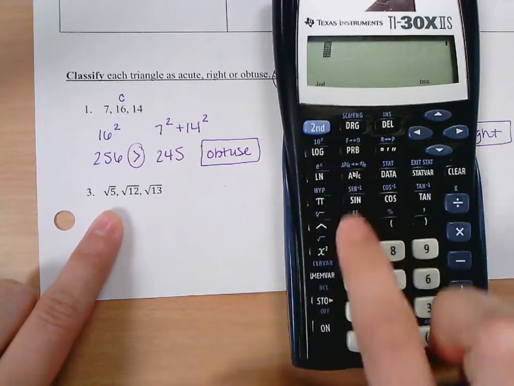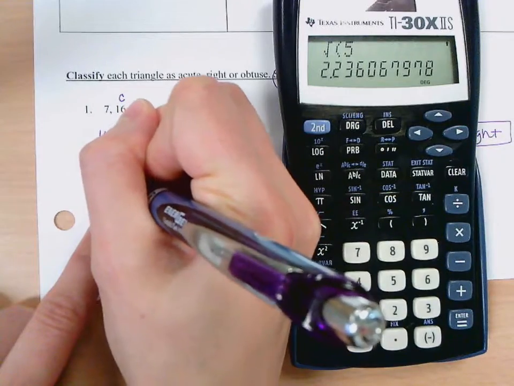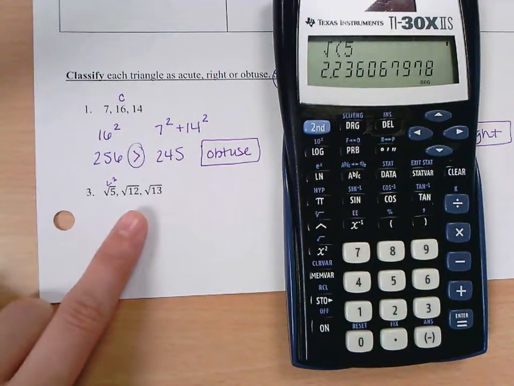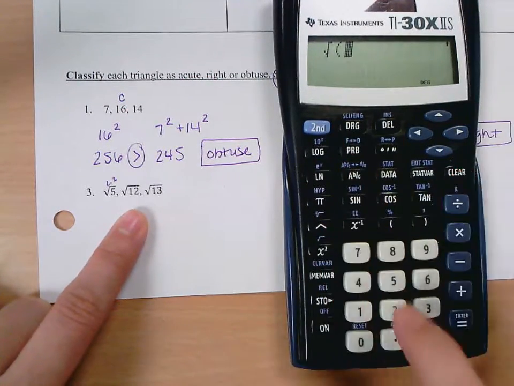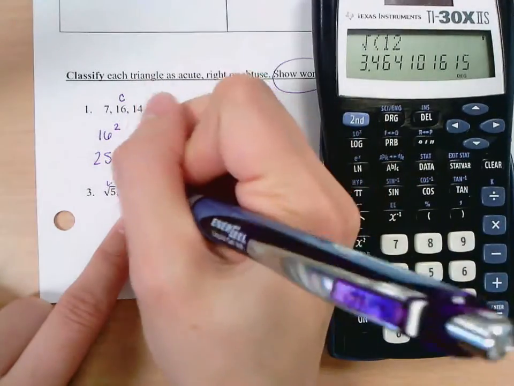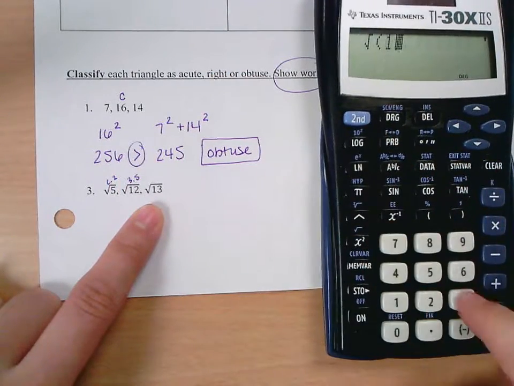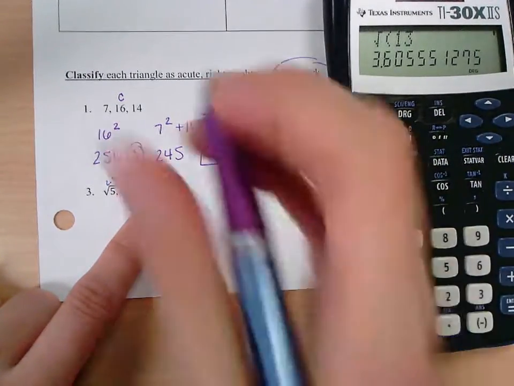So if I type in the square root of 5, that's about 2.2. Square root of 12 is about 3.5, and square root of 13 is about 3.6.